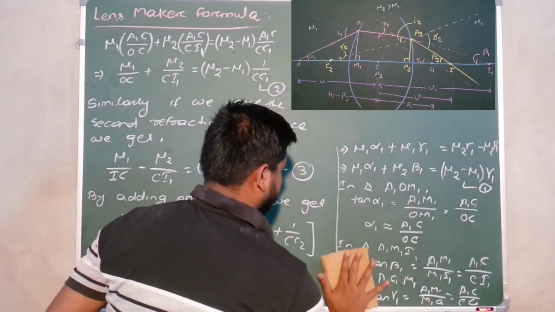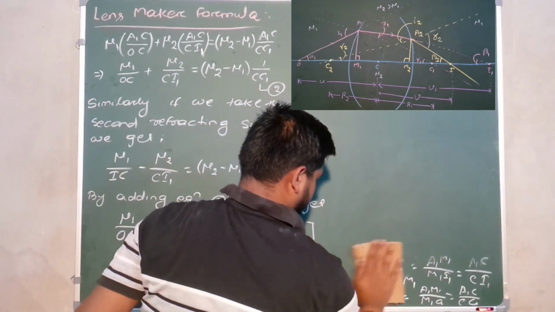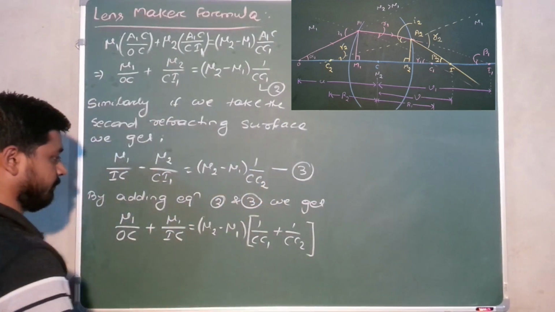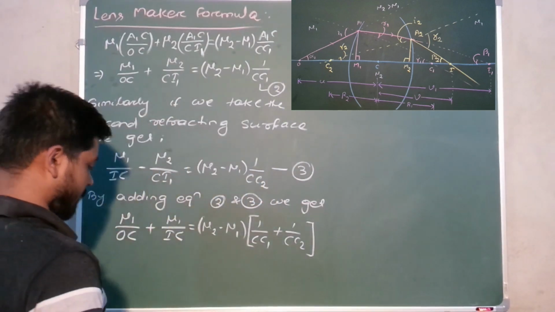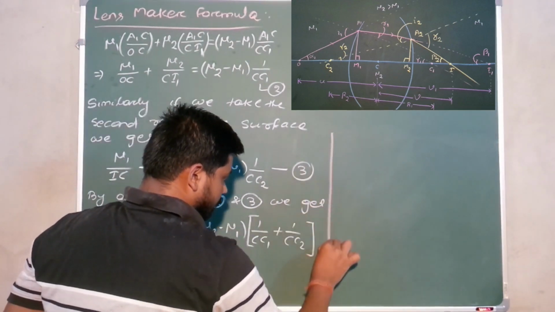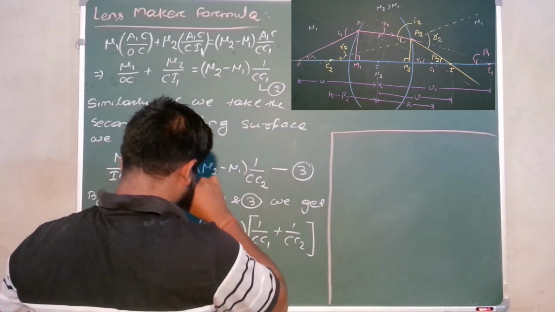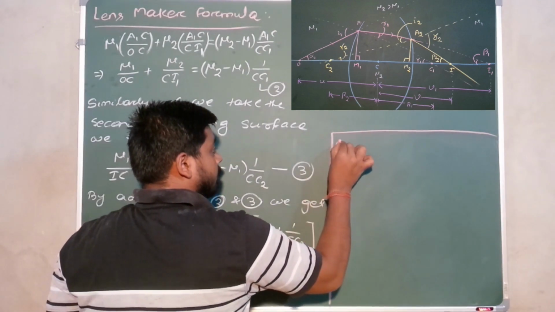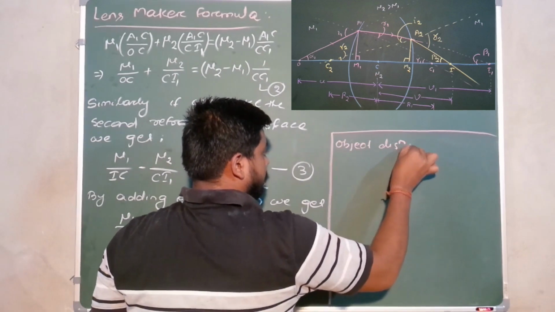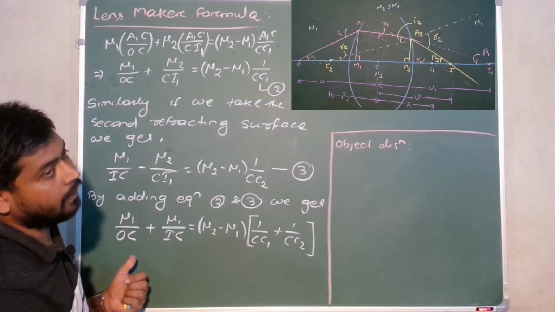Just see. How is the sign convention? By using sign convention, what we got here? Sign convention. Object distance. That is OC. Just see the figure. This is the ray diagram.